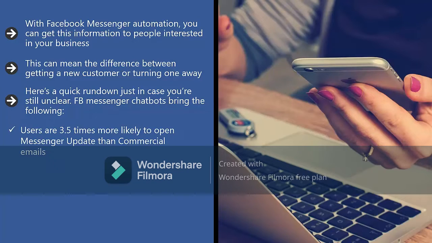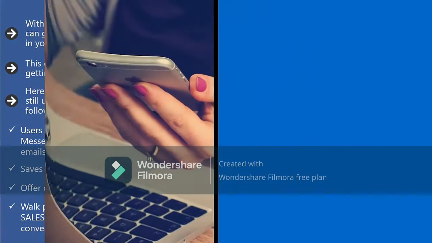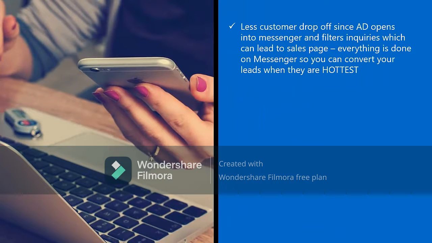Users are 3.5 times more likely to open a Messenger update than commercial emails. Saves time on customer service. Offers customer service 24/7. Walk prospects through an automated sales funnel that can lead to conversion. Less customer drop-off since the ad opens in Messenger and filters inquiries, which can lead to a sales page. Everything is done on Messenger, so you can convert your leads when they are hottest.